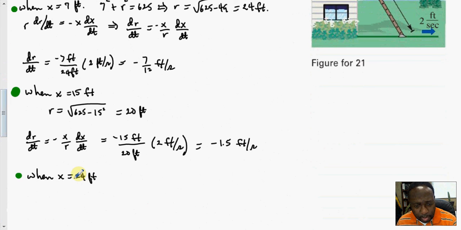So turn it around, if x is 24, then that means that r would equal 7.